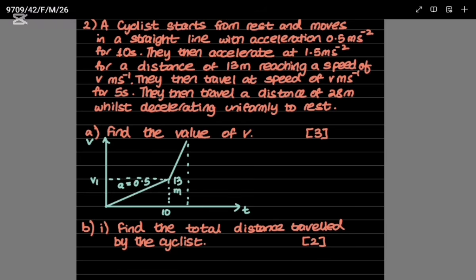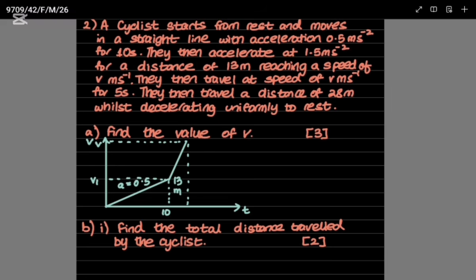And 13 meters, the distance was 13 meters, I've labeled that, reaching a speed of v. Let me write it again, v. The time wasn't given, it's okay. No need to worry, unless we need it we will find it later on.